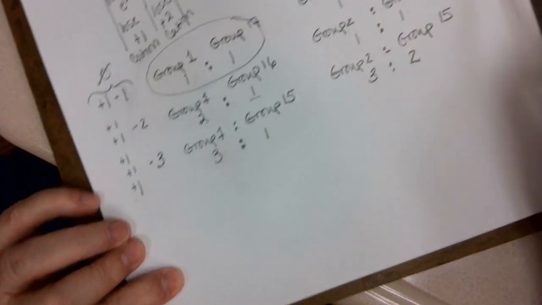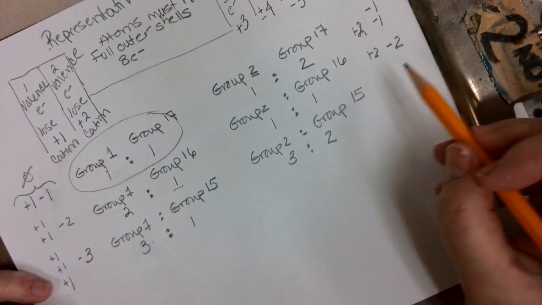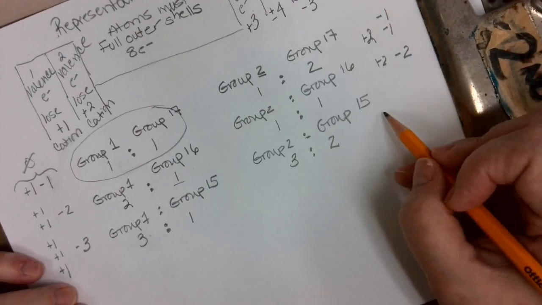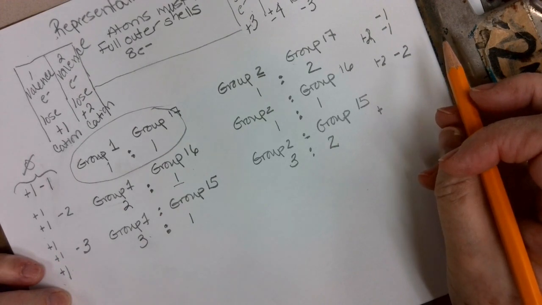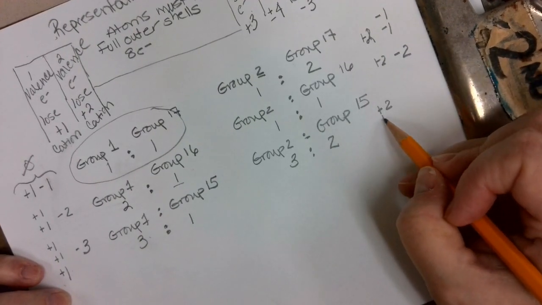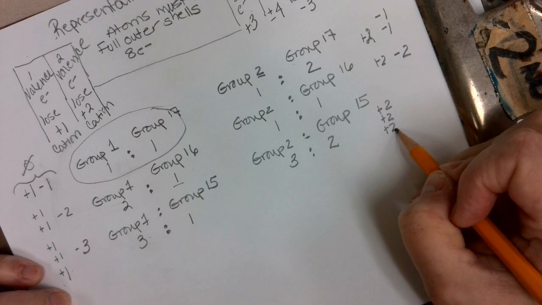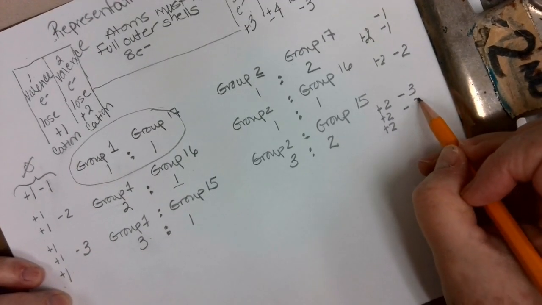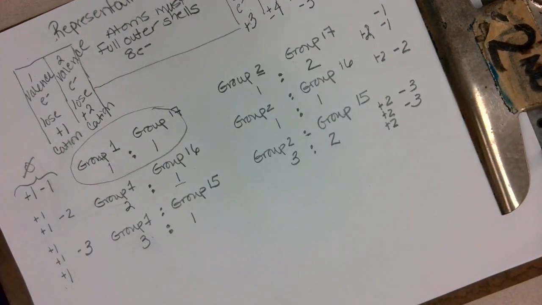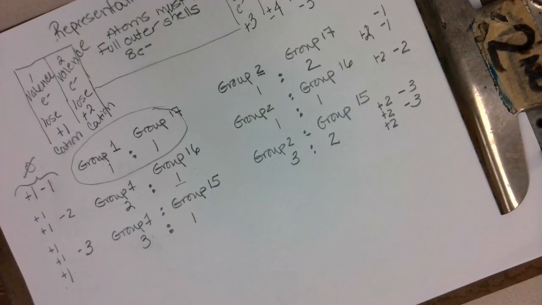And then you had to have 3 plus 2s to balance against 2 negative 3s. And that's as big as it gets. Anything greater than a 2 to 3 ratio or a 3 to 2 ratio, and you're done.